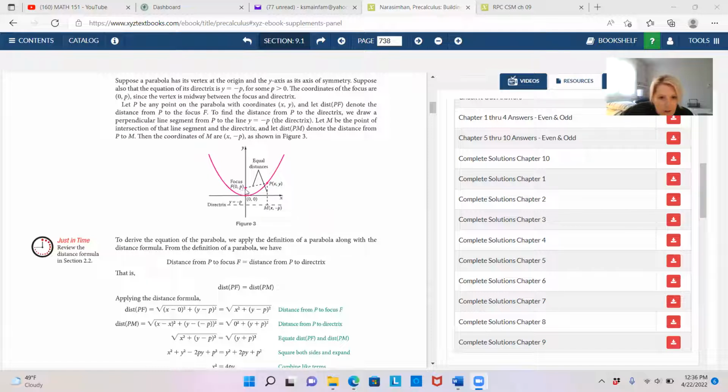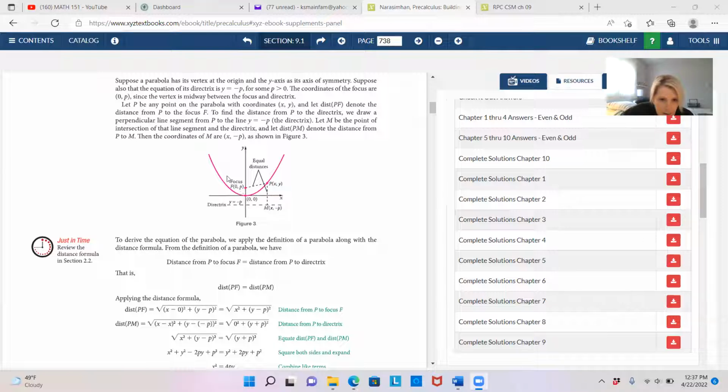And so you can see that we want to form an equation, this parabola, this pink line is the equation, such that the distance from that focus point (0, p) is always the same from a point P on the parabola to the directrix. So you can see that the distance from point F to point P is the same as point P to point M.